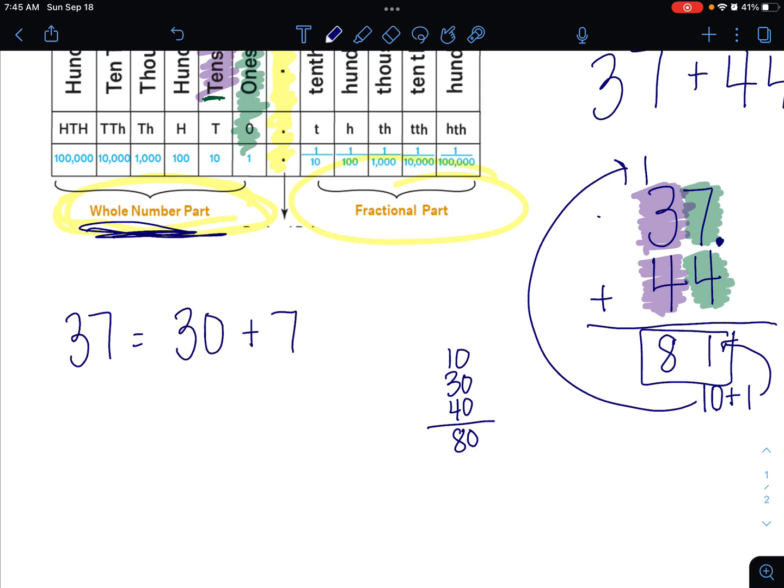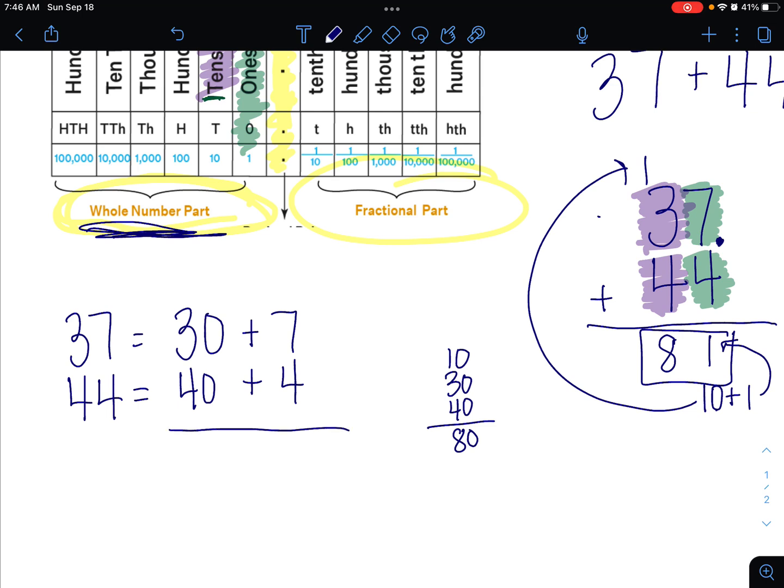We've broken it up by place value. We're doing the same thing, but we're actually seeing the numbers in their place value, so it's a little bit easier to conceptualize what those numbers really mean. And then we have 44, which is really 40 plus 4.